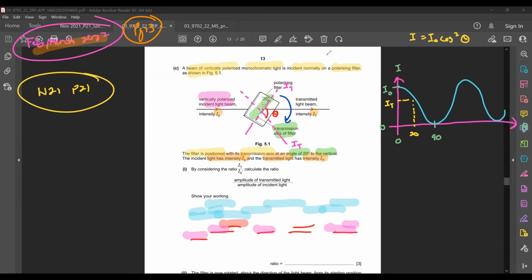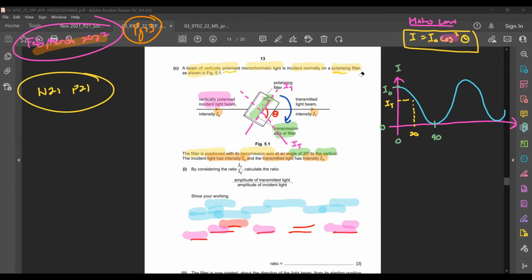Okay, so I mentioned to you, when it comes to polarized light that is incident on a polarizer, we have something known as Malus's law that tells us the intensity before and after passing the polarizer. That one is given by this equation. Because we see that there's a cos square function here, if we were to plot a graph of intensity versus theta, we know we're going to get a cos square graph, which looks like the blue line that we have here.